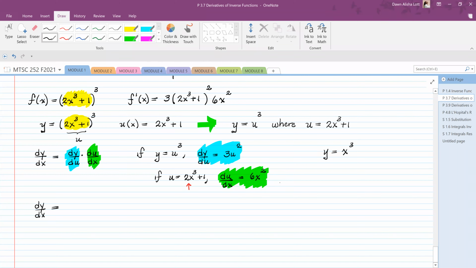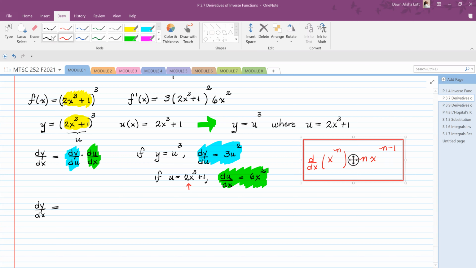I'm using the rule that the derivative with respect to x of x to the n says bring down the n and make it x to the n minus 1. So I am using that rule. So you're subtracting 1 from the top number?